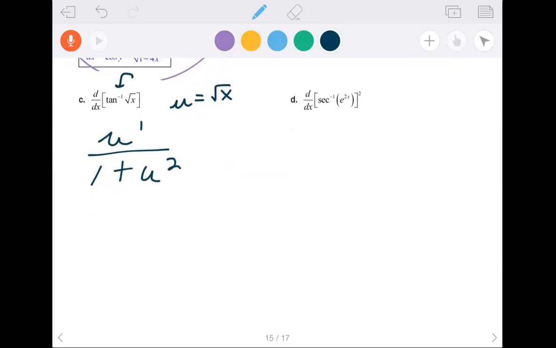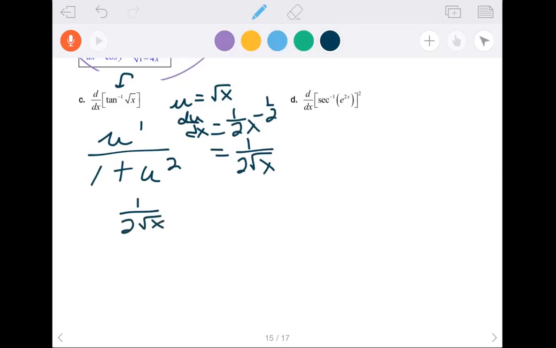So what is u prime or du dx of the square root function? It's 1/2 x to the negative 1/2, or this one is used so much, it's 1 over 2 root x. So on the top of this fraction is 1 over 2 root x. On the bottom is 1 plus u squared. And the square root of x squared, hello, they're inverse functions, is just x.